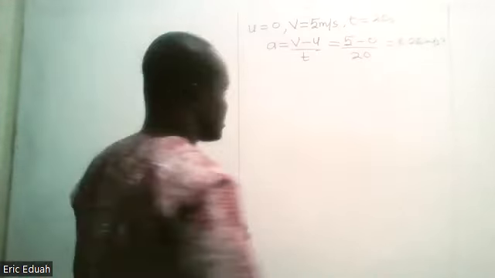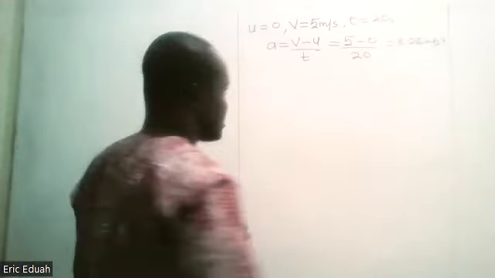Negative 1 on 2, so that is negative 0.5 meter per second squared. When we use the equation, we have A is equal to V minus U on T. V is 0, U is 5, so the same thing, time interval 10.